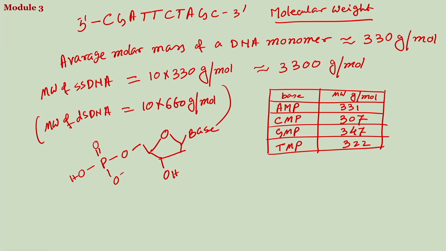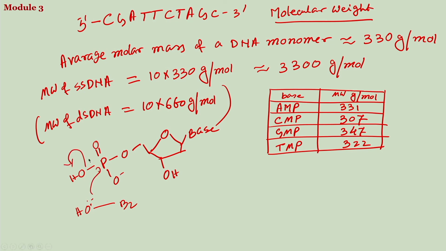Now, if you want to calculate, using this table, the molecular weight of the given DNA, then what you have to do? Basically, you sum up all these molecular weights of the individual bases, but that will not be accurate, because when you are doing the phosphodiester bond formation, OH of the other base is coming and they are doing this reaction.